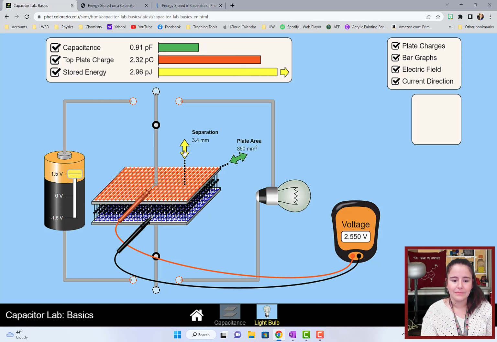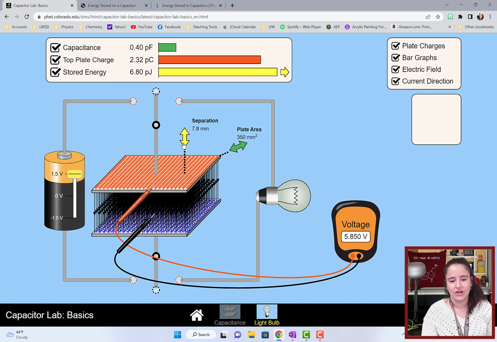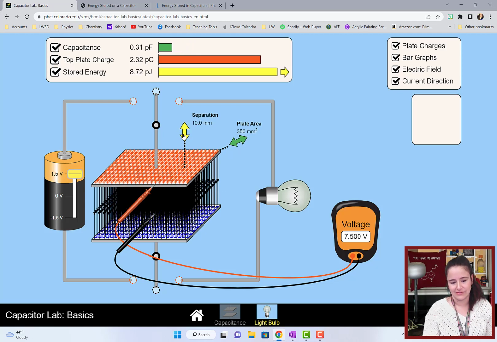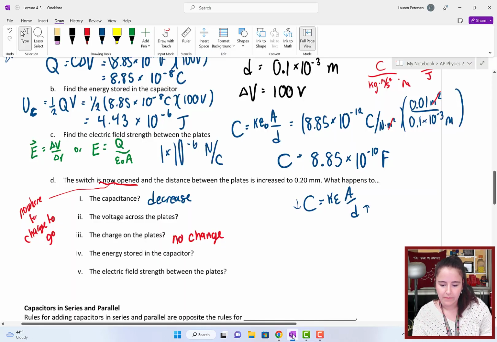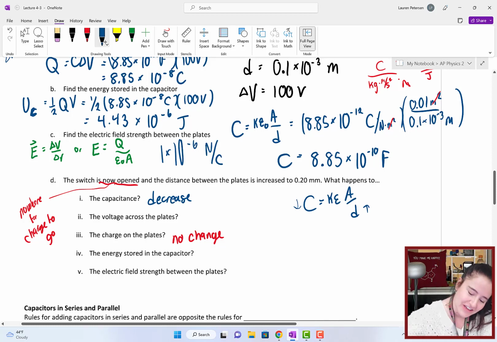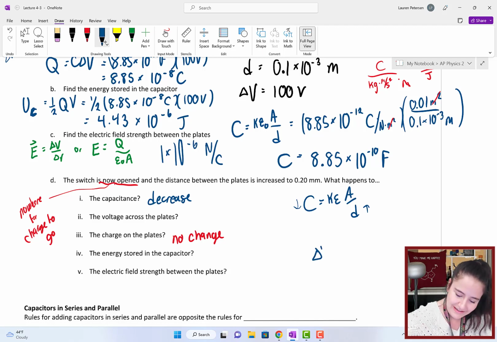As I separate the plates, we see that the stored energy goes up, but the capacitance goes down. Okay, capacitance is how good it is at storing for the volt. So you'll have less charge for that voltage, but you'll have more voltage there. Exactly, the voltage across the plates. Okay, that comes from delta V equals Q over C.